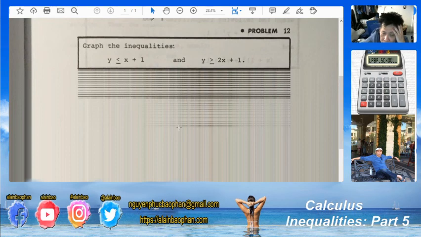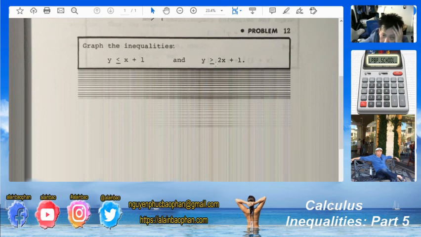When x equal 0, y equal 0, we have 0 greater than 0 times 2 plus 1, which is 1. So 0 greater than 1. Is that correct? No. 0 cannot be greater than 1. 0 must be less than. So this area is not the right one.